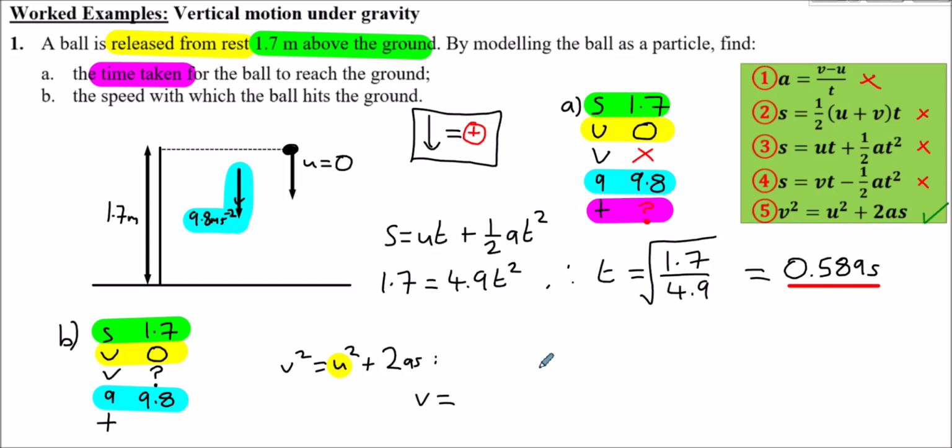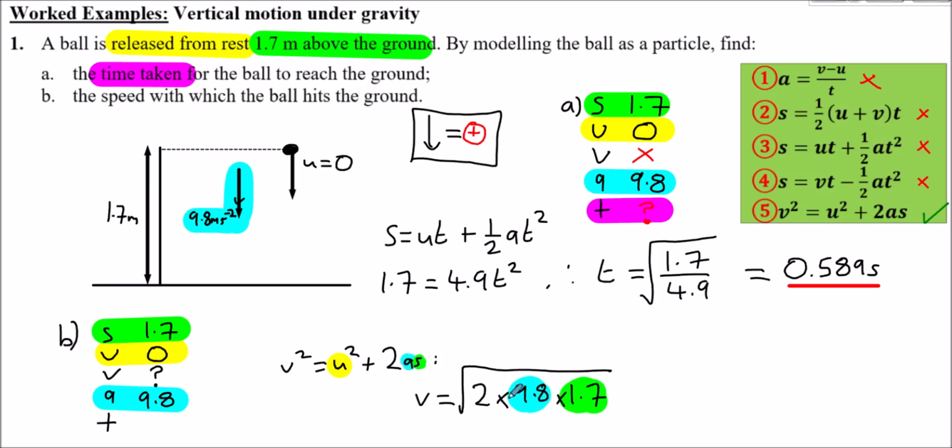We're just going to have 2 times a, which is 9.8, times s, which is 1.7. So that's v squared. We want v, so I'm going to square root all of this. I'll colour code it again, just so you know where everything's coming from: the acceleration due to gravity, and the displacement is 1.7 because it's falling from a height of 1.7.